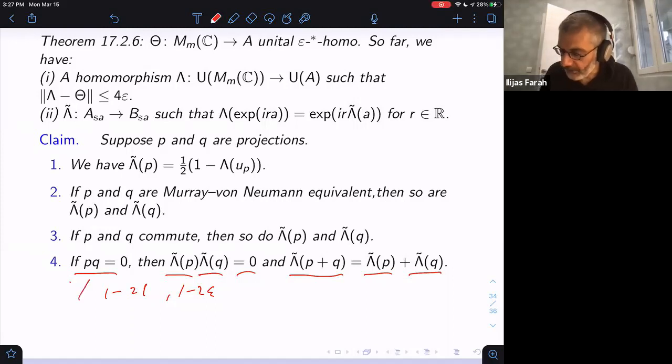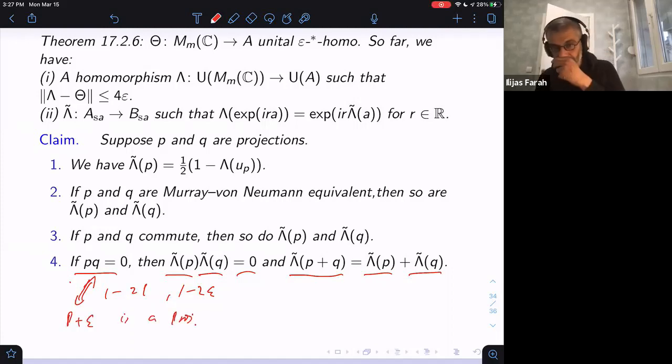Basically, PQ = 0 is equivalent to saying that P + Q is a projection. And again, by just looking at the unitary 1 - 2(P + Q), and seeing where lambda tilde sends it and unpacking everything, you get all this.